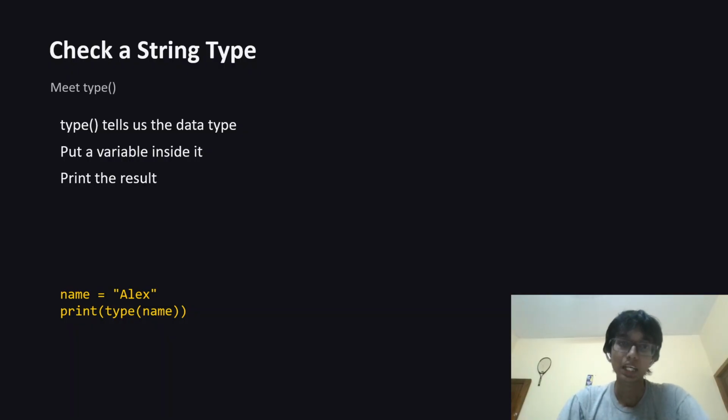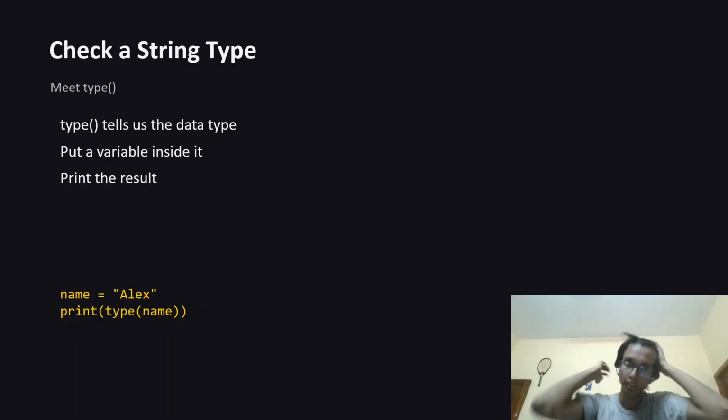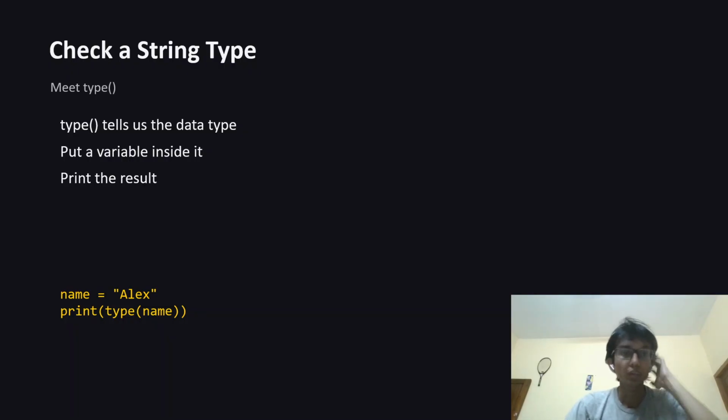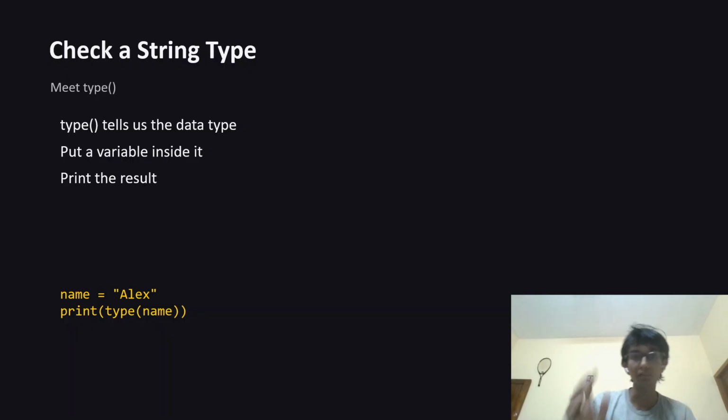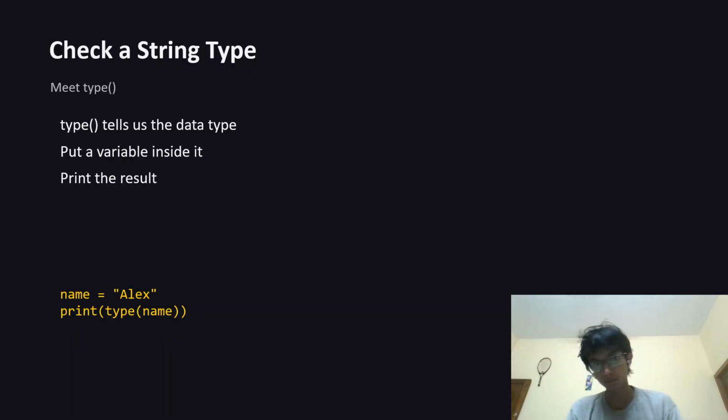That's when you make a new function known as type. Type tells us the data type that is being stored in a variable. And how do you use the type function? You put a variable inside it and print the result. So basically, you are printing the type of whatever variable is inside.